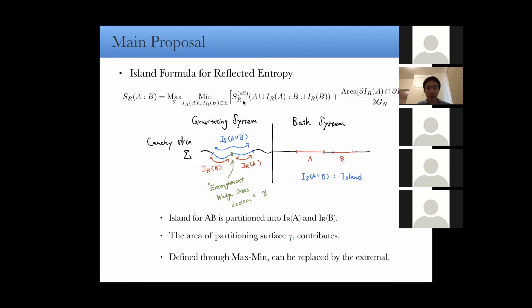I now have two systems. One is the original gravity, and the other is the matter theory, which I call effective matter, which lives both in the bath system and the gravitational system.